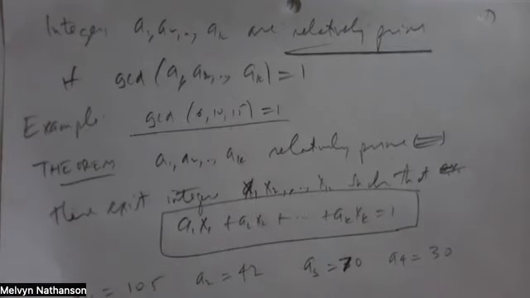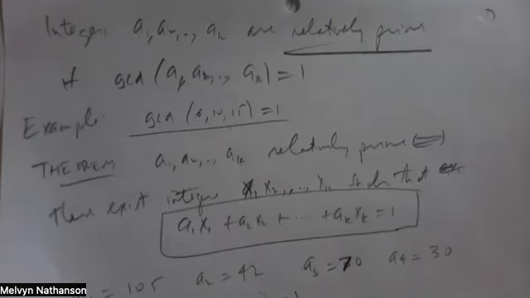So what is the greatest common divisor of these four numbers? It turns out to be 1.